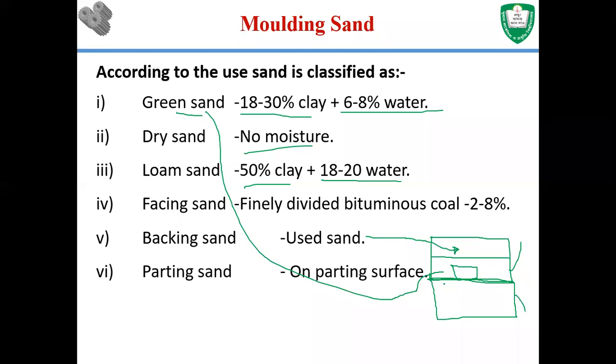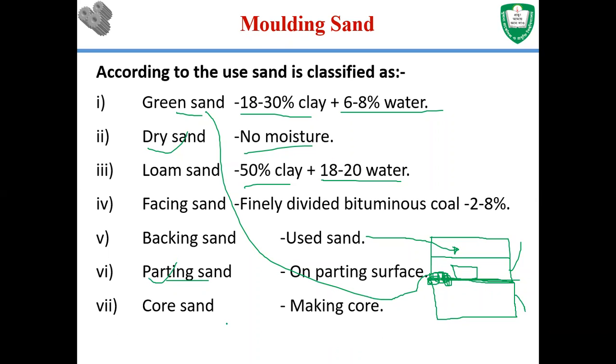Because if you fill up the drag and the cope with the same sand, then they will stick with each other, and you cannot separate the drag and cope. That is why you need to use the parting sand on the surface, so that it can be separated very easily. Parting sands are generally dry sands with no moisture.